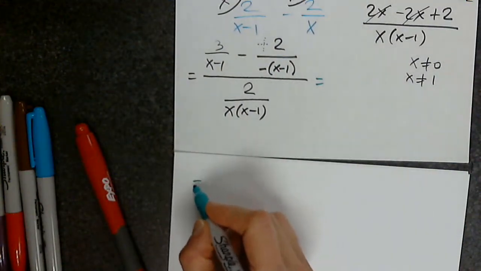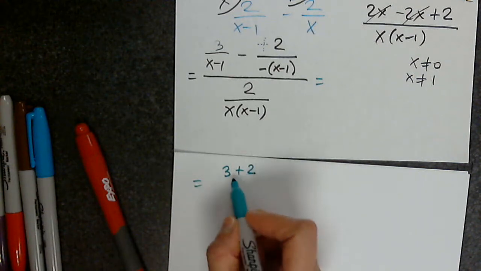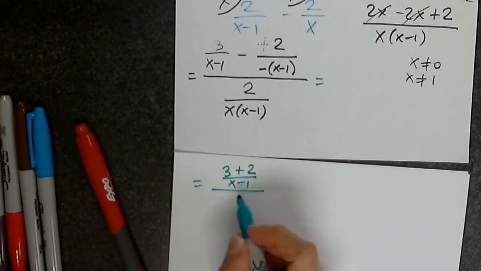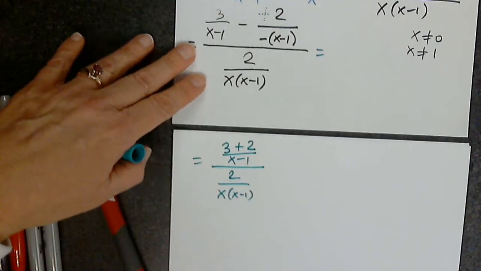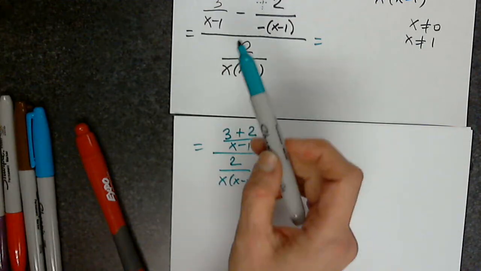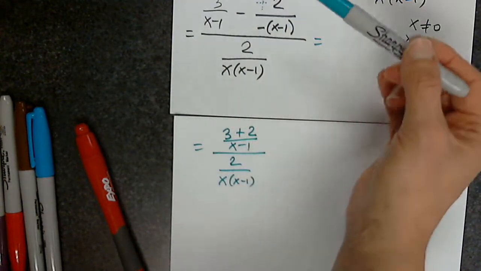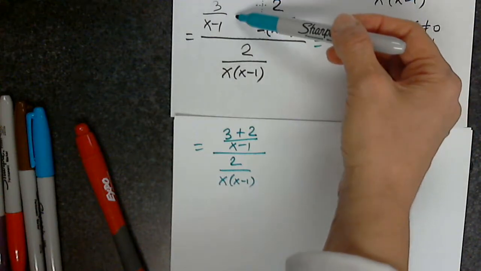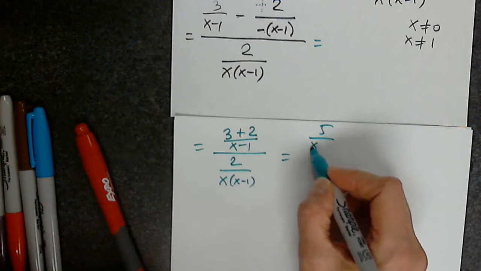I will write 3 plus 2 over x minus 1. I get the same denominator, and this is 3 but plus 2. Positive over negative is negative, with minus in front is positive. So the numerator is 5 over x minus 1.